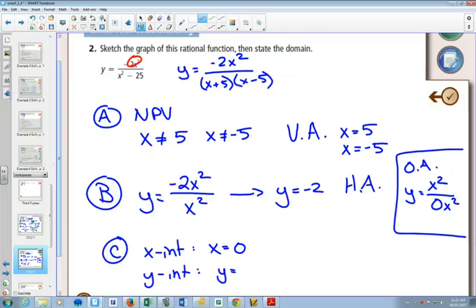Again, going to our equation, just putting zeros in where the x's are. That will also give you 0, which makes sense: if our x-intercept was at 0, our y-intercept would have to be at 0 as well. So now we've got our asymptotes and we've got our intercepts. This will be one, though, that when we plot all of those things in, we are going to need an extra point.